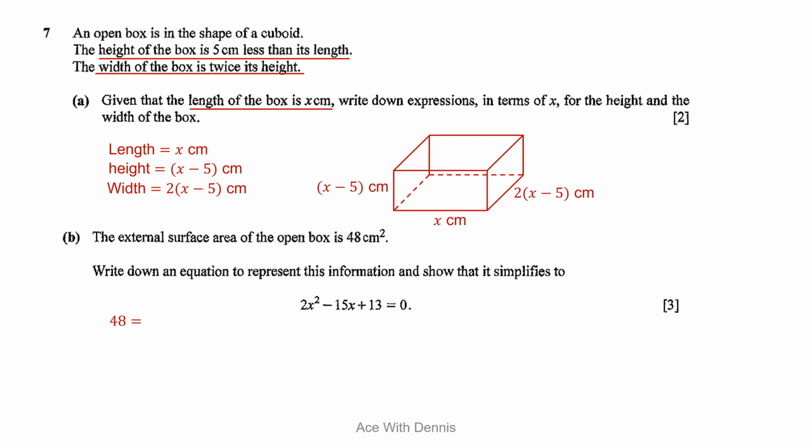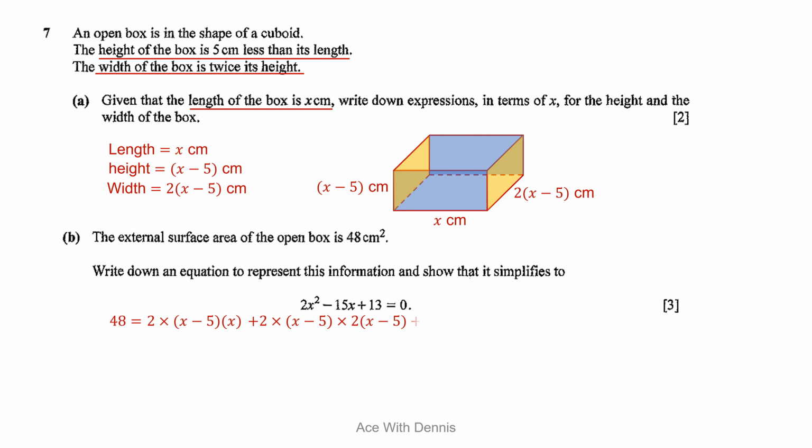First, we can look at the surface of the front and the back of the box, which is 2 times x minus 5 times x. Then the left and the right surface, which is 2 times x minus 5 times 2 times x minus 5.